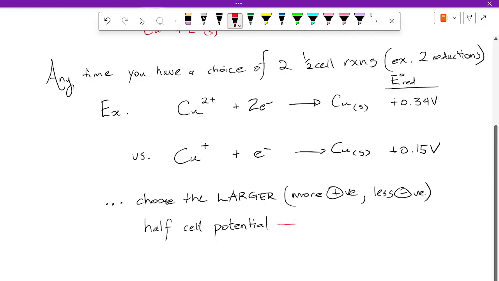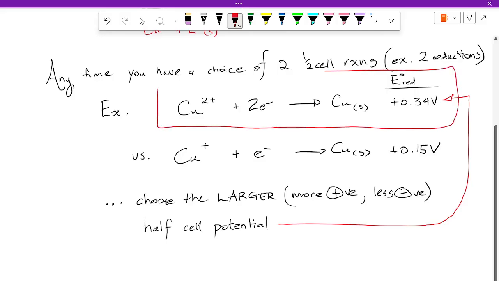So in this case, you would choose this one. Is that good? Okay. We're also going to look, these are reductions. So this is a reduction, and this is a reduction. Shall we take a look at what we have if we have an oxidation?